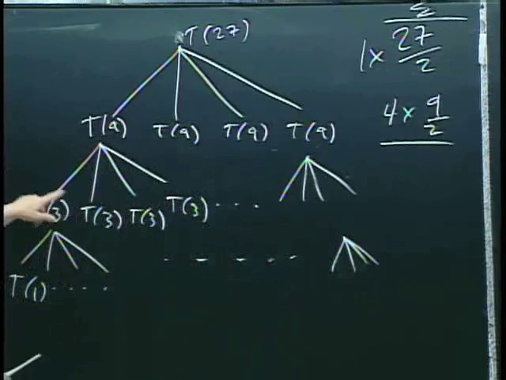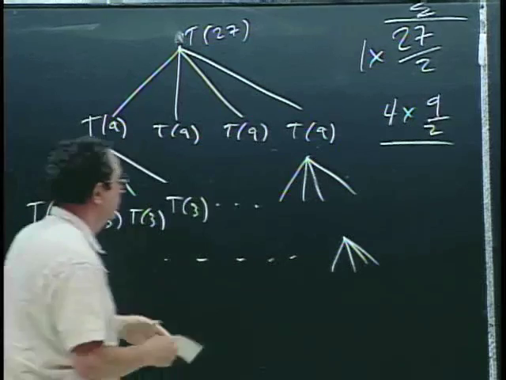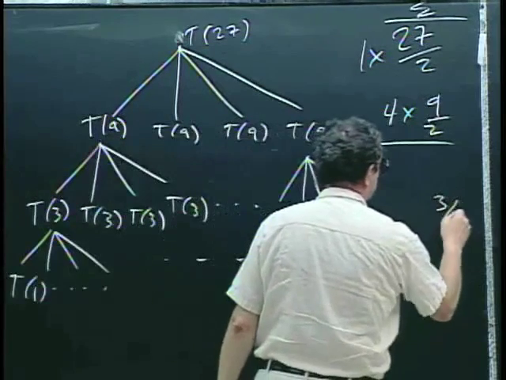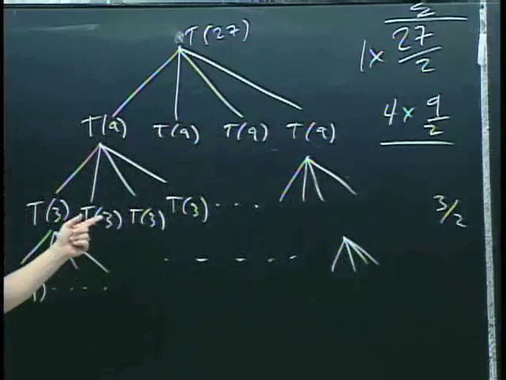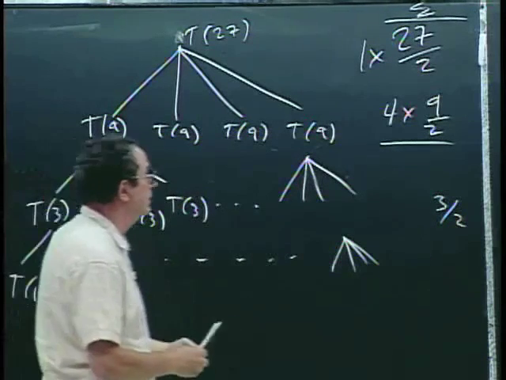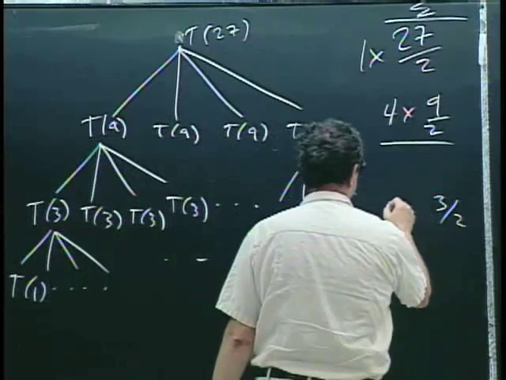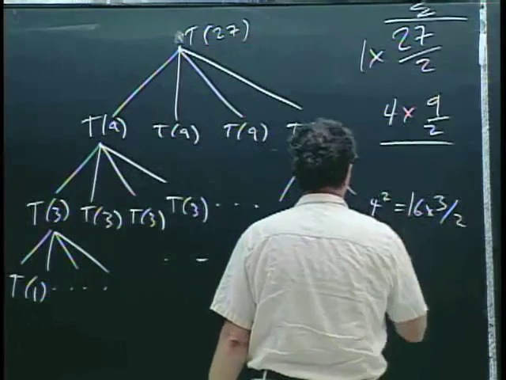T of 3 is equal to 4 times t of 1 plus 3 over 2. So 3 over 2, but how many of them do we have? 16. Okay? So we have 16, but that's also known as 4 squared.